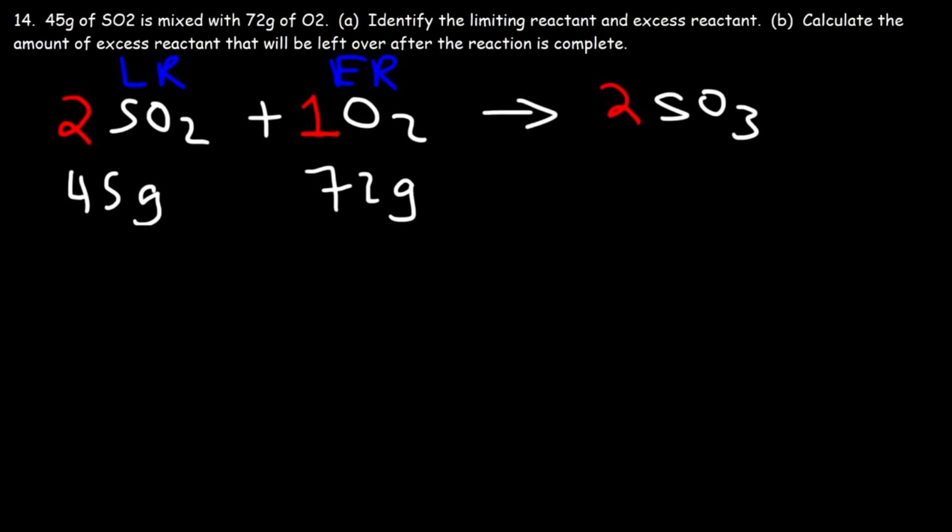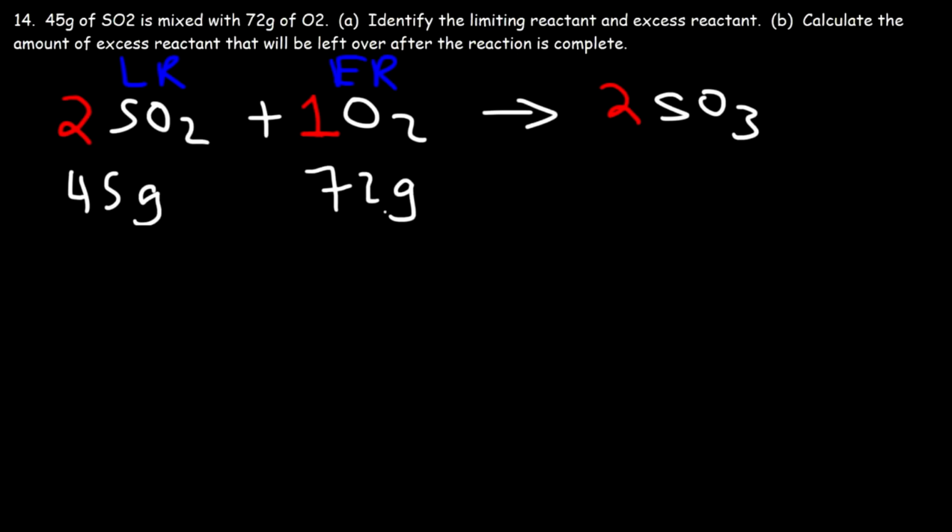Now, part B. Calculate the amount of excess reactant that will be left over after the reaction is complete. How can we do that? How can we find out how much excess reactant will be left over? Well, in order for us to do that, we need to find out how much will be consumed in the reaction. Now, we know that all of the 45 grams of SO2 will be consumed because it's the limiting reactant.